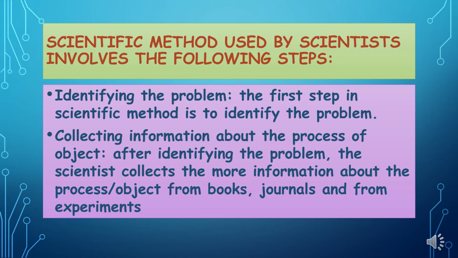First, identifying the problem. The first step in the scientific method is to identify the problem. Second, collecting information about the process or object. After identifying the problem, the scientist collects more information about the process or object from books, journals, and from experiments.